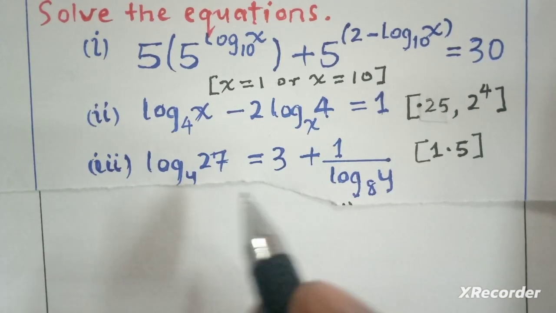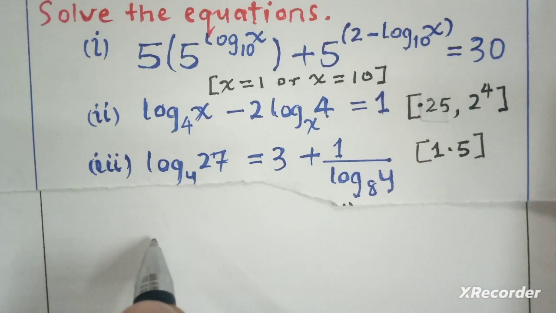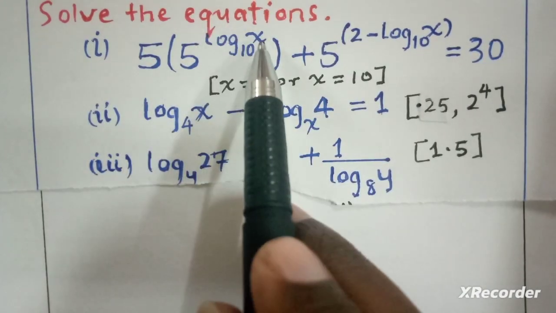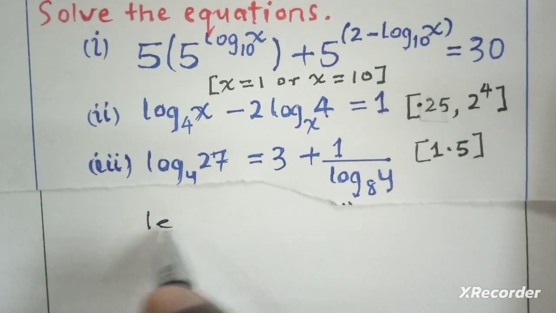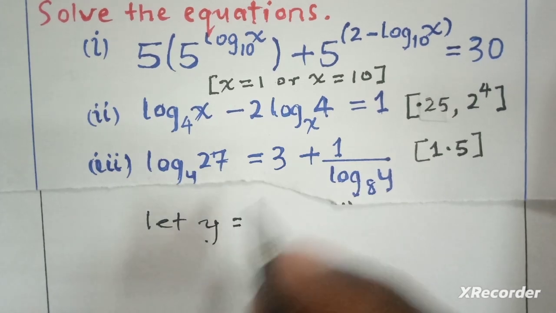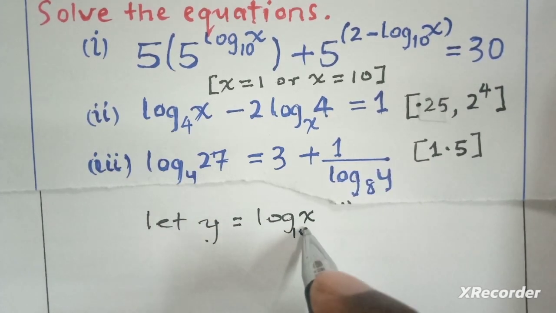So the first thing, guys, is to write the equation. Maybe I'll write it like this. I can first of all say that this log x to base 10, let y be equal to log x to base 10, like that.